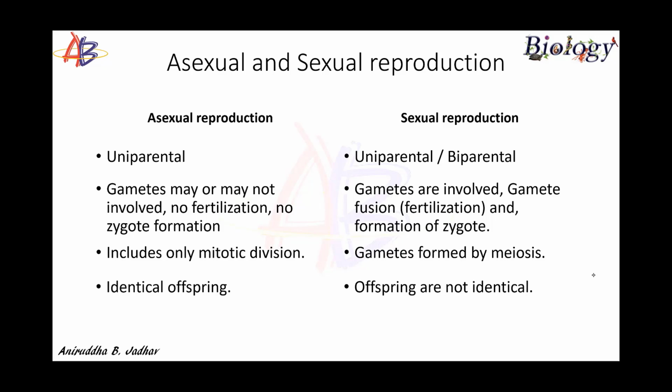Due to these recombinations, genetic variation arises, and that's why all the offspring resulting from sexual reproduction are not identical, except monozygotic twins. So these are the four important differences you need to remember for asexual and sexual reproduction.